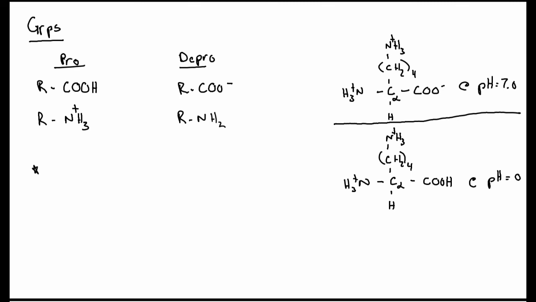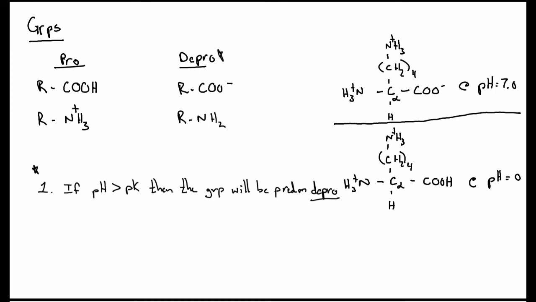But we can say essentially this: number 1, if pH is greater than pK, then the group, whatever functional group we're talking about, will be predominantly deprotonated.